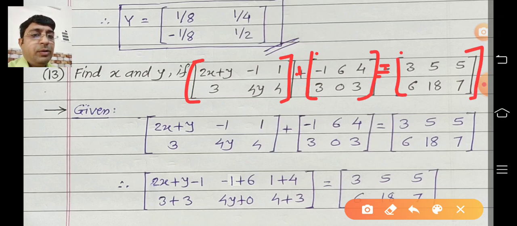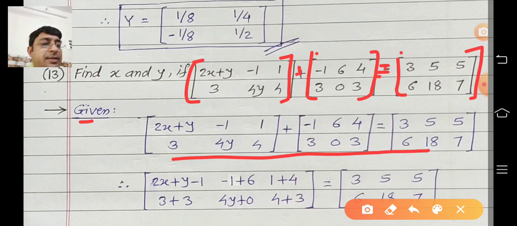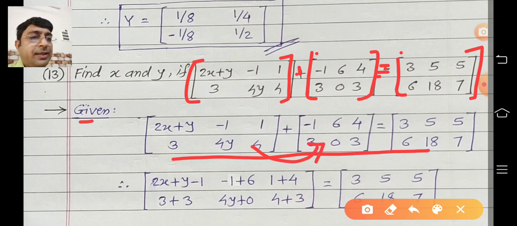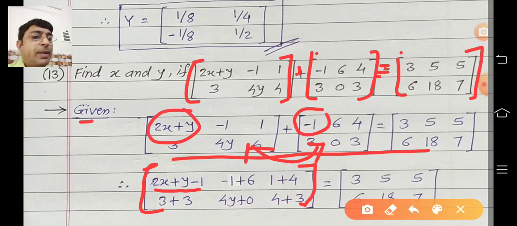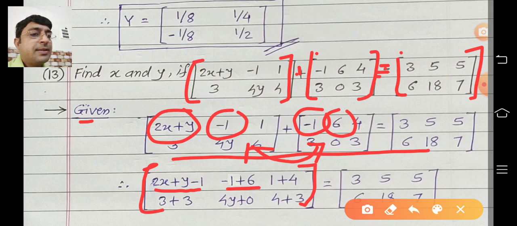So what is given, we write as it is. Then first of all we make the addition of these two matrices. Corresponding elements we add: 2x plus y plus of minus 1, so minus 1. Then minus 1 plus 6, 1 plus 4.